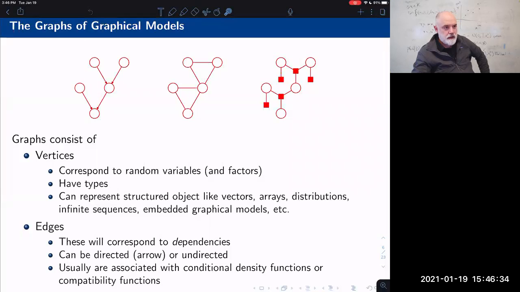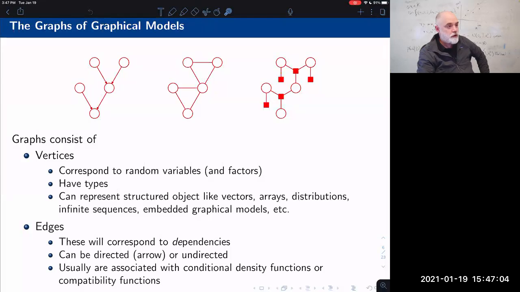Graphical models can represent structured objects like vectors, arrays, distributions, infinite sequences, embedded graphical models, and so forth. That will become more apparent when we start dealing more formally with them in terms of computer language. But the point is that this can be the distribution of a vector. In other words, these could be all the elements of a random vector distributed according to some probability model that factorizes according to this graphical model.